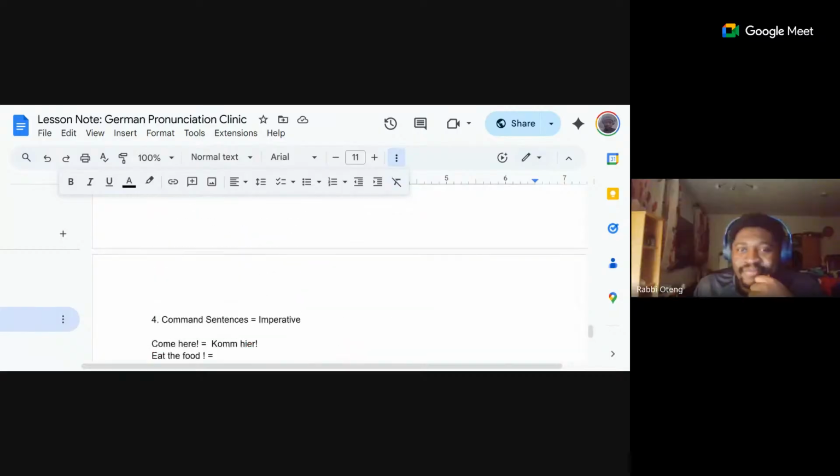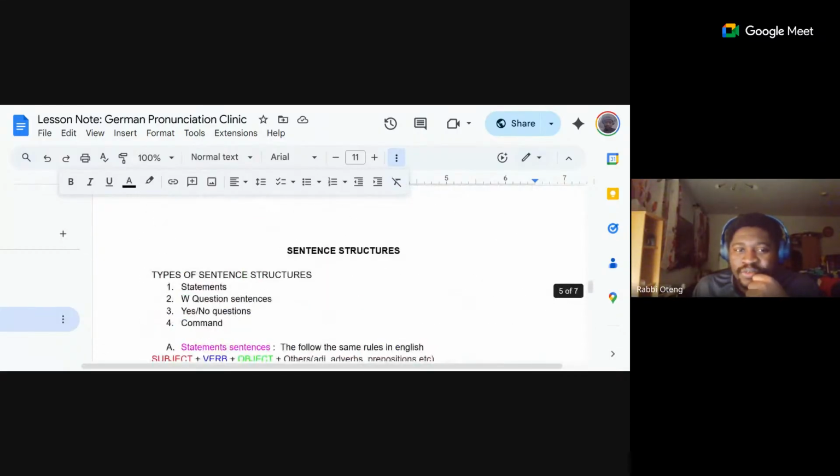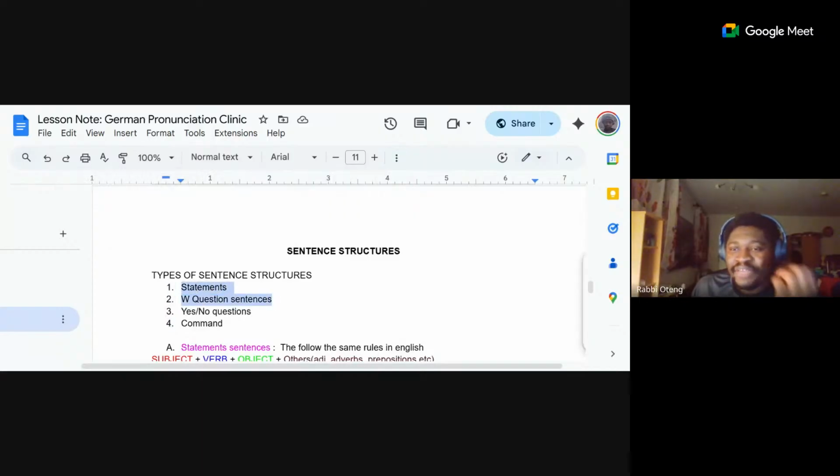Yeah. So with statements and W questions, the verbs are always at the second position. But with statements, there is flexibility. You can start the sentence with the direct objects or the adverbs, okay? But remember that the verb still stays at the second position, and immediately after the verb, the subject must follow. Okay, that's with statements. With W questions it's fixed.